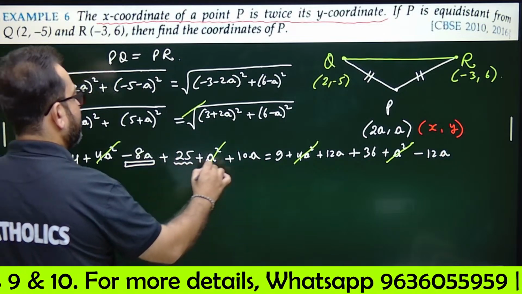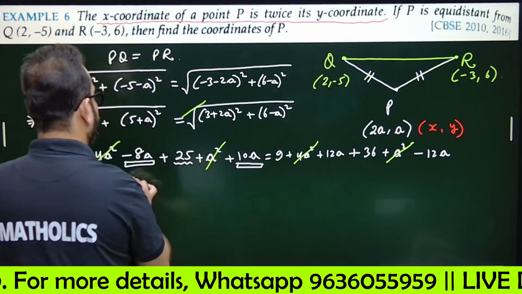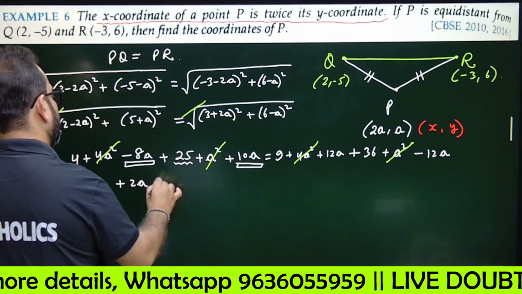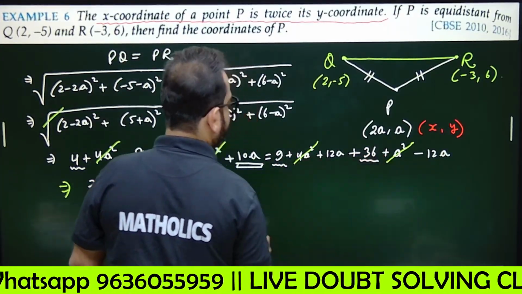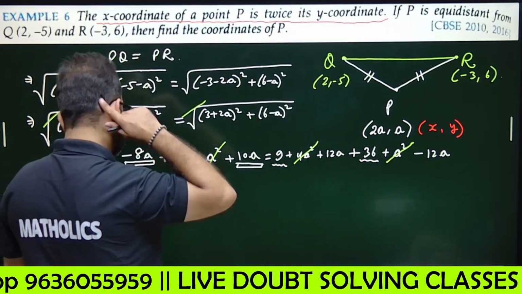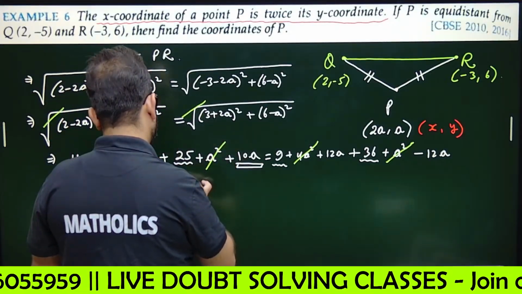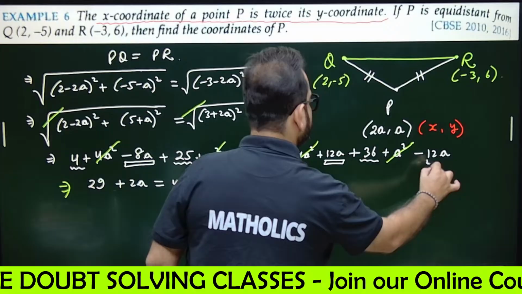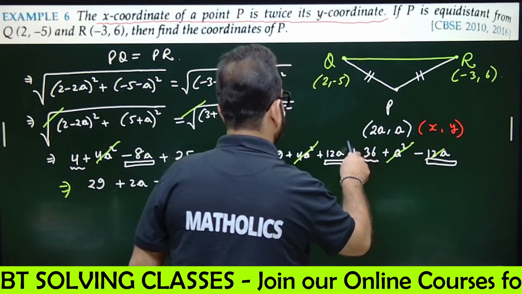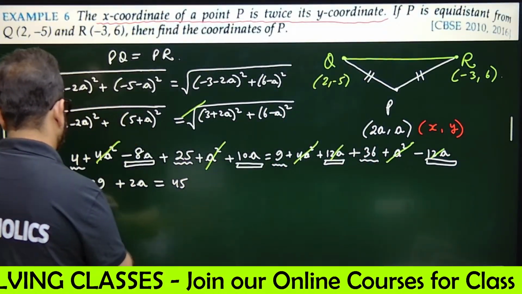Minus 8a and plus 10a will be plus 2a, equals to 9 and 36, which is 45. And 12a and minus 12a are cancelled.